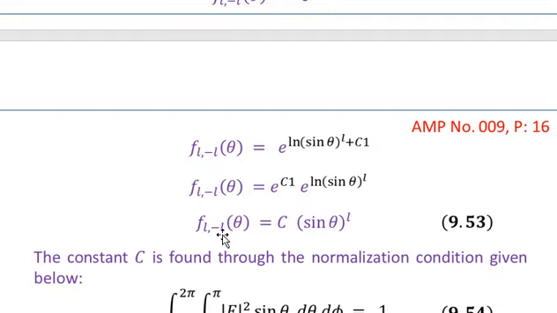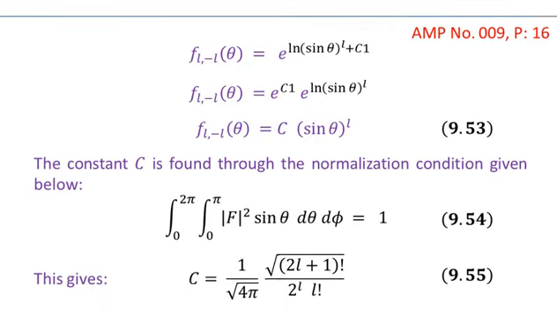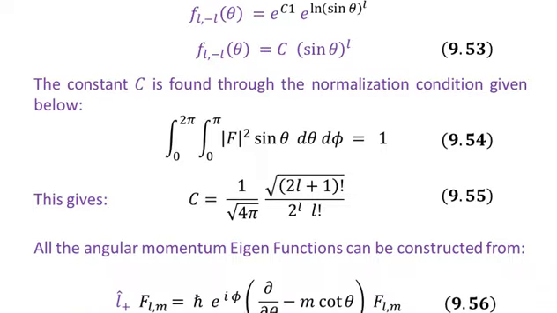So you see that you have obtained an expression which is theta dependent, that is, the theta dependent part of the wave function has been shown in equation number 5.3 in its explicit form. But the constant of normalization, constant C, is still unknown. The constant C is found through the normalization condition given below.